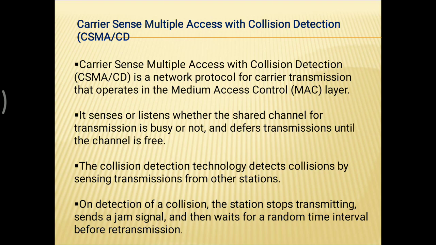If and only if the channel is idle does the station transmit data. Now, if the station knows that a collision has occurred, the transmission time and wasted bandwidth can be reduced by aborting, that means stopping the transmission when the collision is detected.